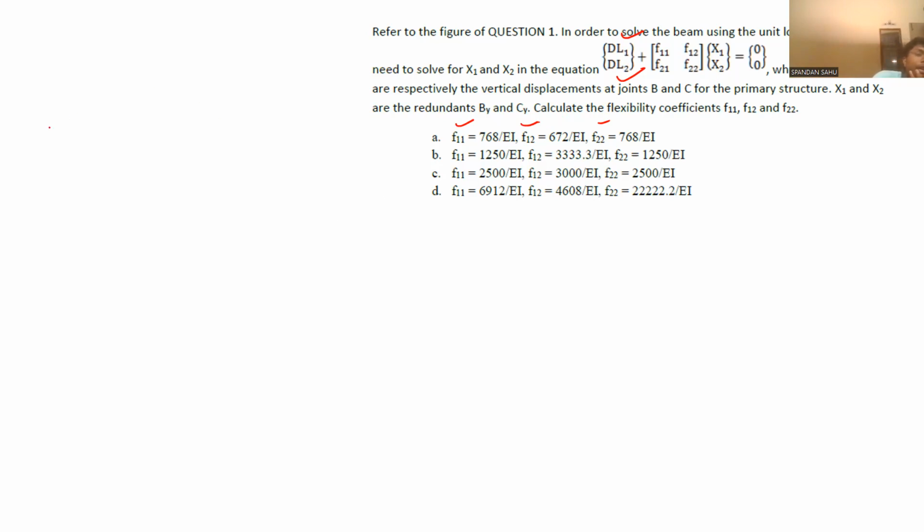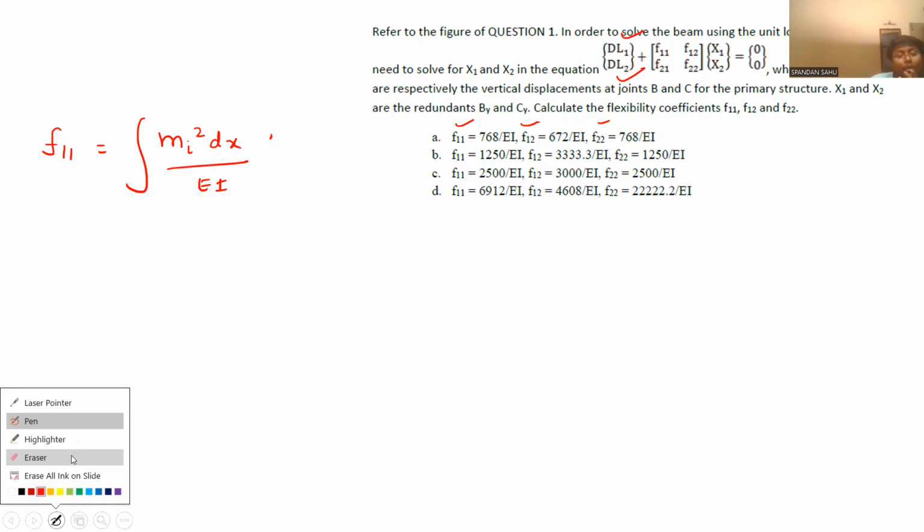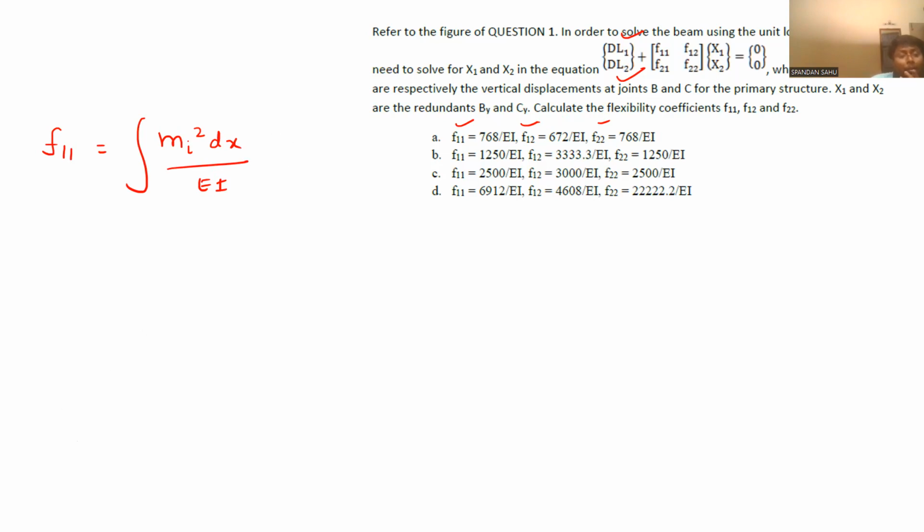Now, tell me how we can write F11. It will be M1 square dx by EI, integration. Same way, think of or memorize the analogy for a truss.